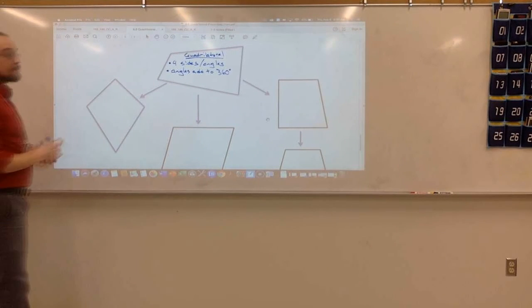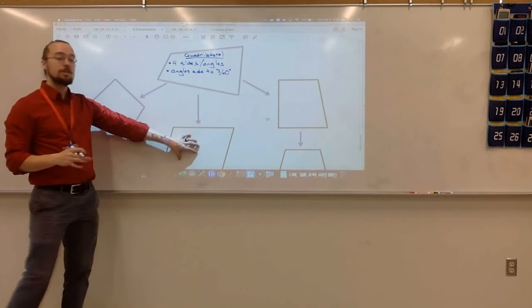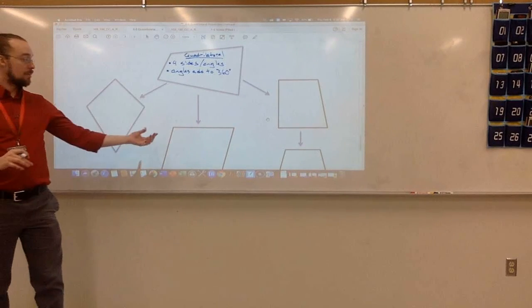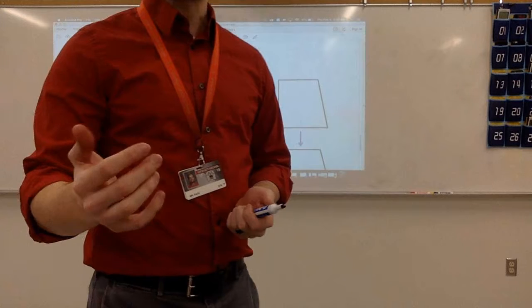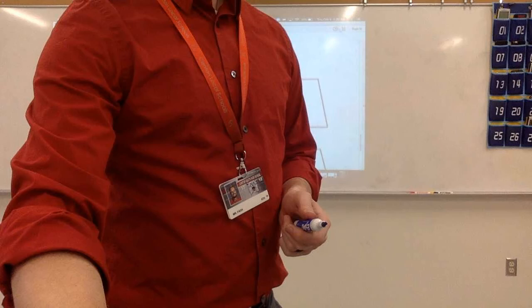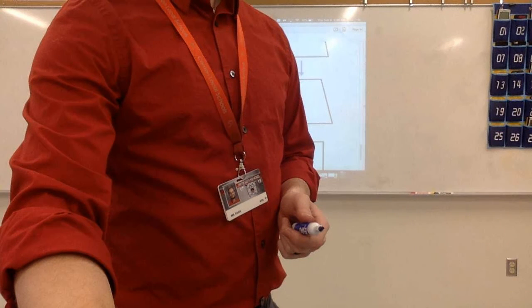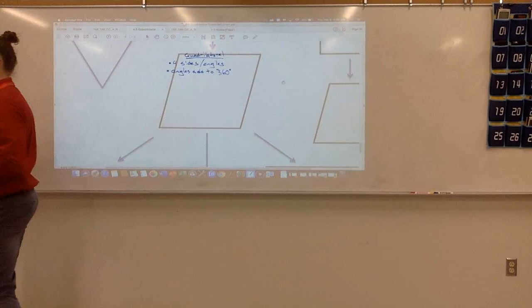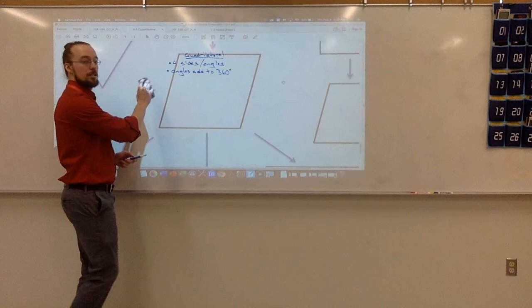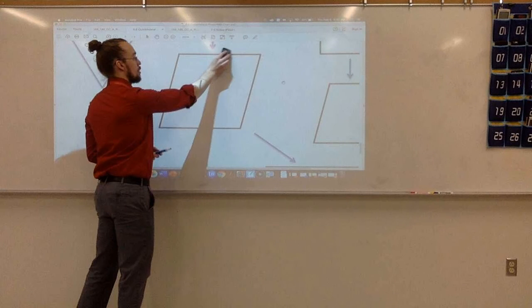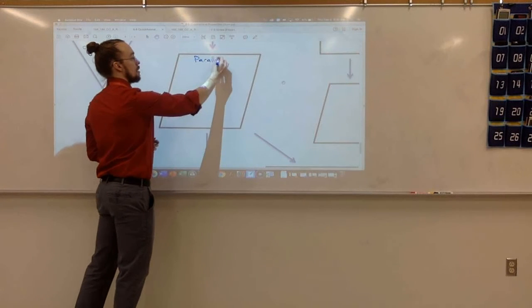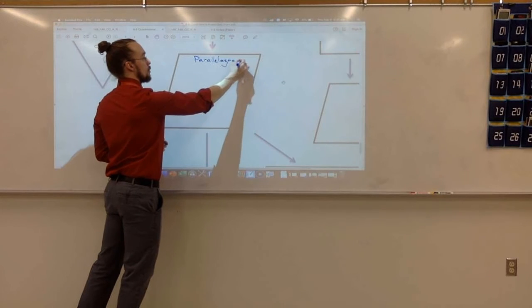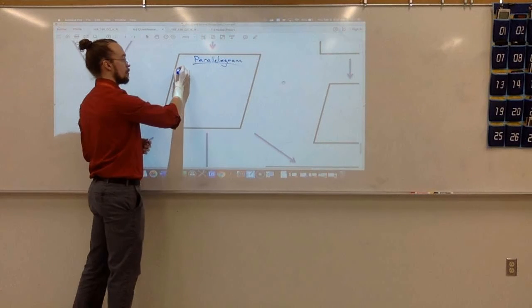So then, underneath of that, we have a parallelogram. We've been focusing on the properties of a parallelogram here. So let's come down here. I'm going to zoom in a little bit, actually. So on the parallelogram, what are the properties of all parallelograms that we've been talking about?